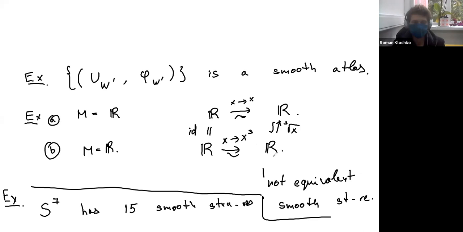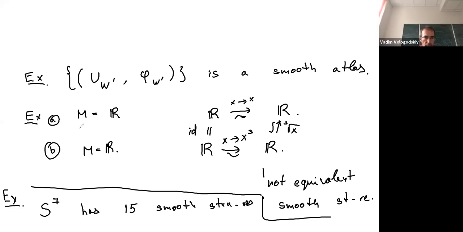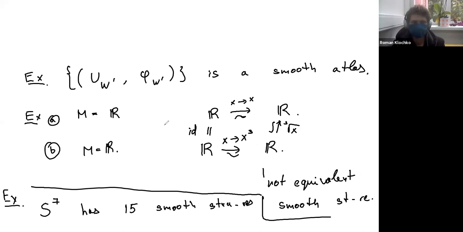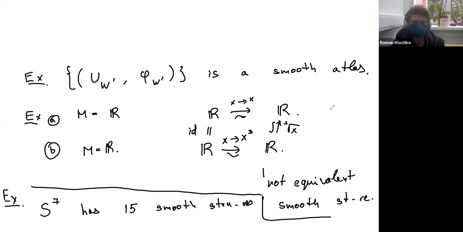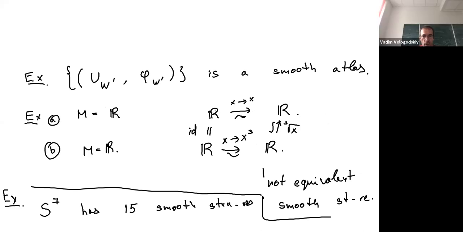And it gives us in particular that smooth functions with respect to one smooth structure and with respect to the other smooth structure are different. If you look at the first smooth structure, it's the standard one.